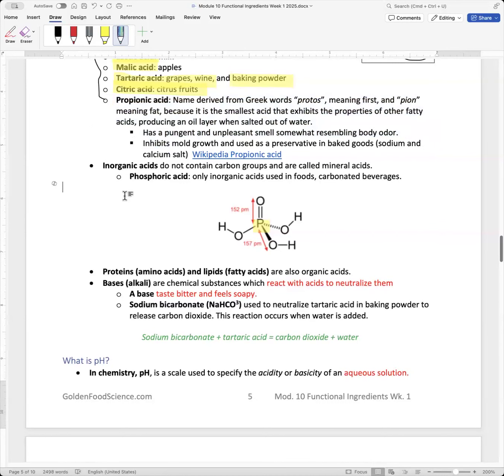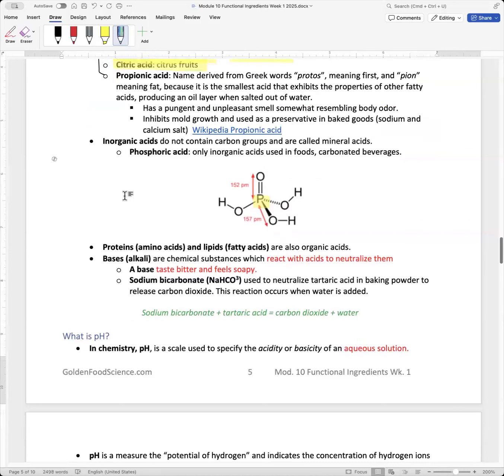Inorganic acids do not contain carbon. The definition of organic is that it contains carbon, right? So inorganic acids do not contain carbon. This happens to be phosphoric acid. It's an inorganic acid that we use in carbonated beverages. And you can see that it has a phosphorus atom in the middle right here.